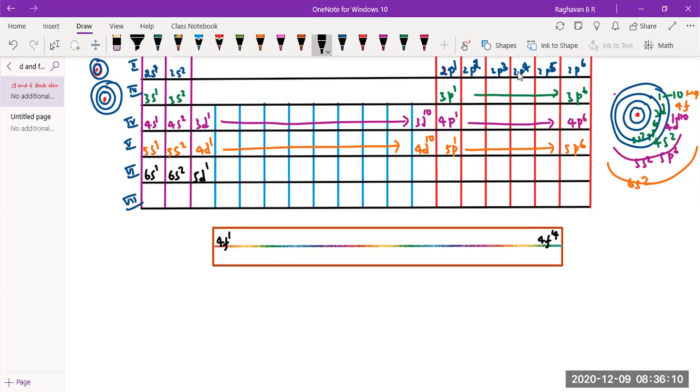After 5d1, the break starts from here. Is it okay? 4f1 to 14. Like that, 4f1 to 14, 14 elements are there. Is that okay? After that, it is cerium.